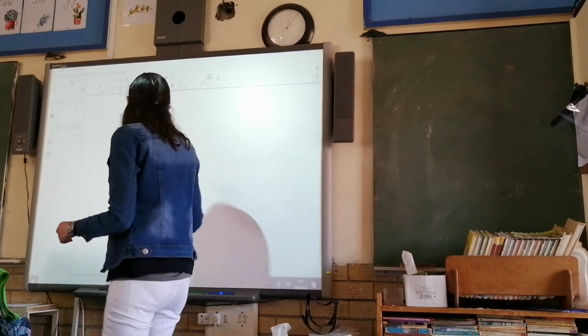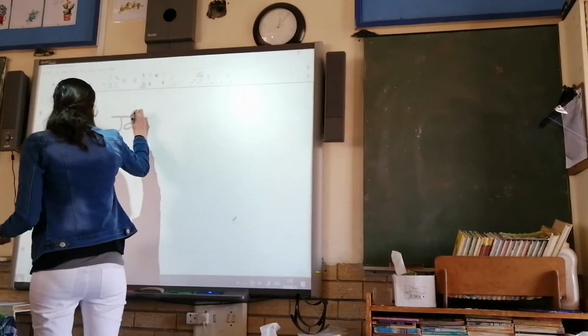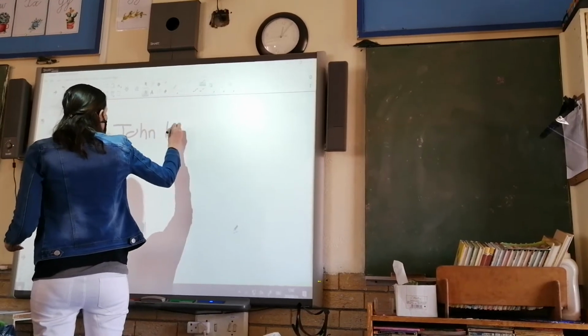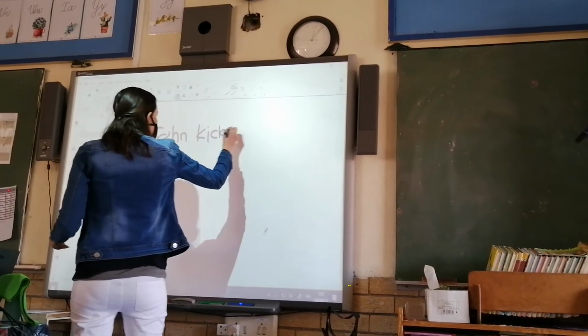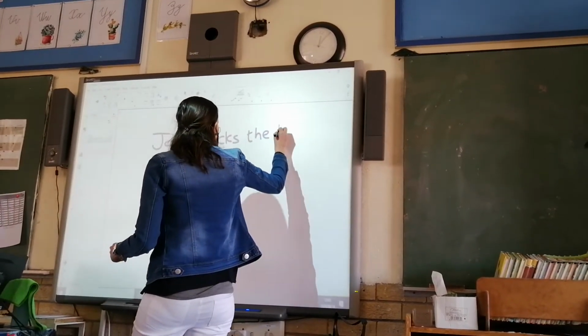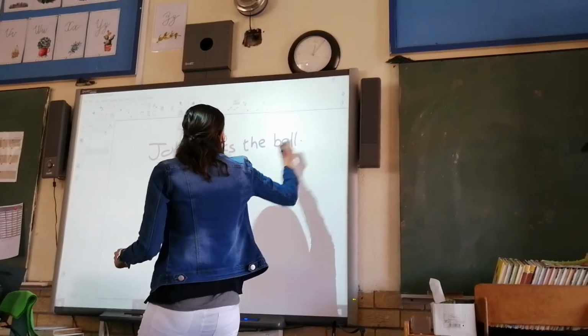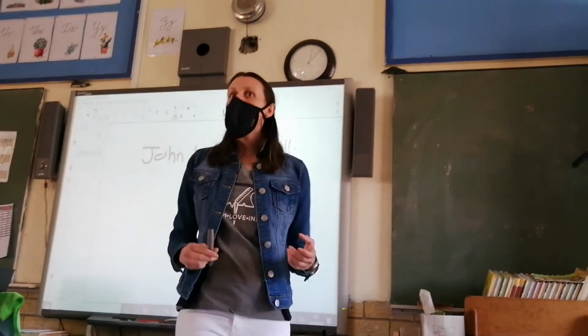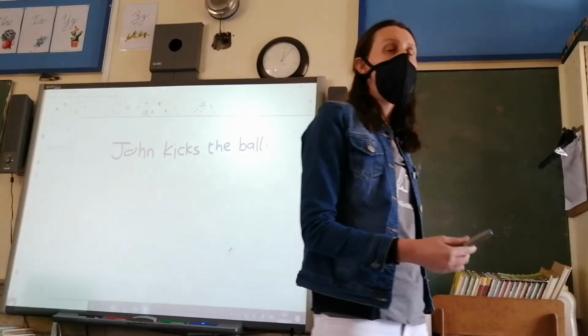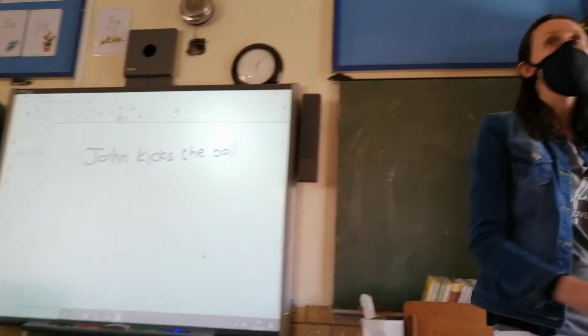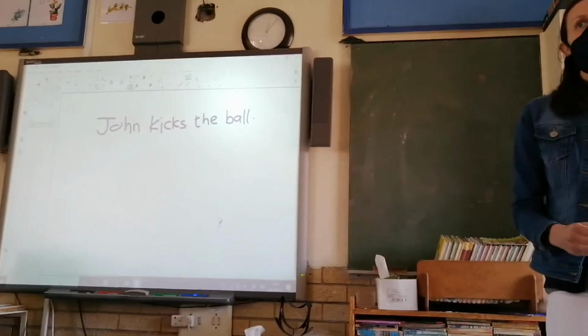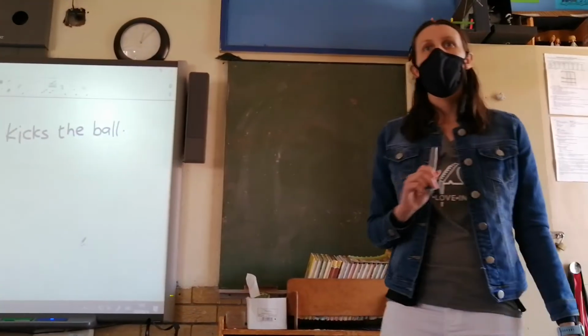Yes. So let's look at this sentence. John kicks the ball. I'm sure we all remember that the subject of the sentence is what the sentence is about. So who can tell me in that sentence what my subject is? Yes. John.